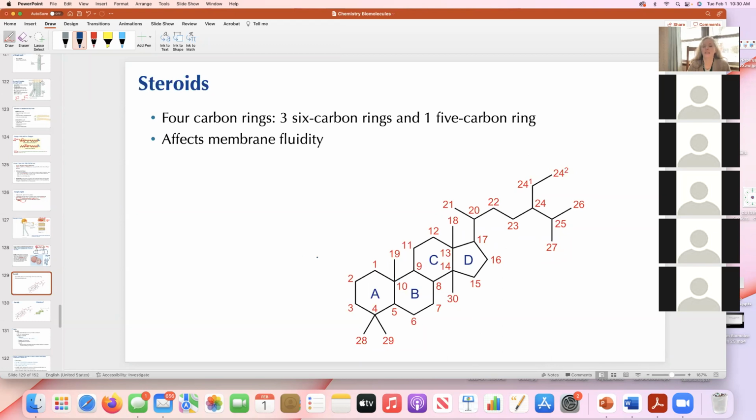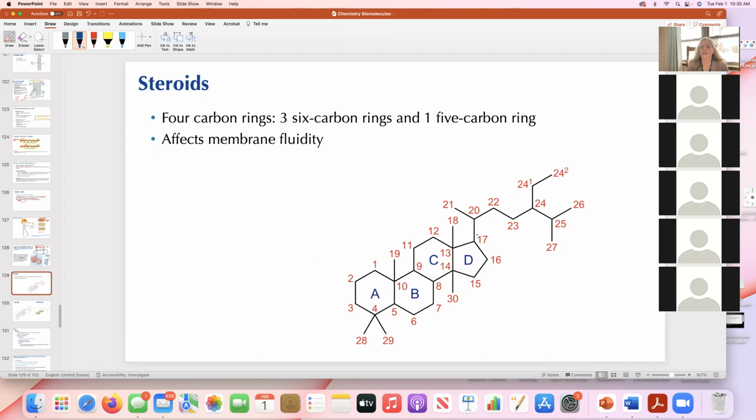Steroids will be placed into our growing membrane structure, and they both give the membrane some rigidity or structure, but also give it fluidity, where you're breaking up some of that hydrocarbon chain, phospholipid, hydrocarbon chain, phospholipid, to make things a little bit more fluid through the membrane.